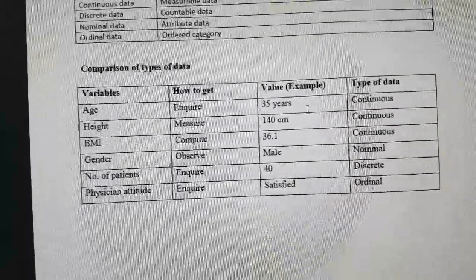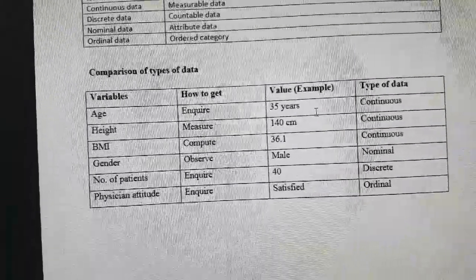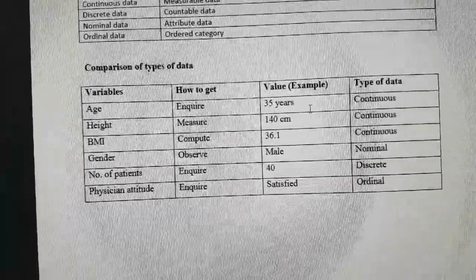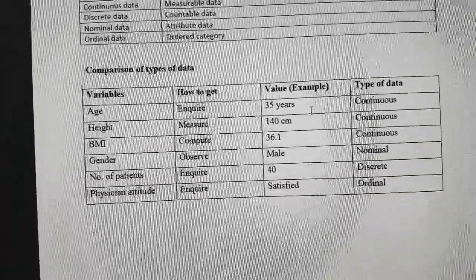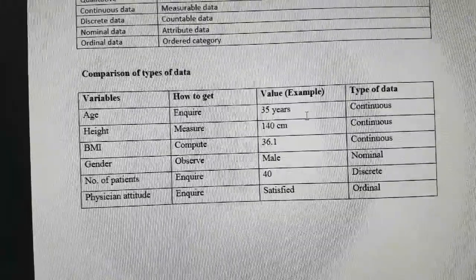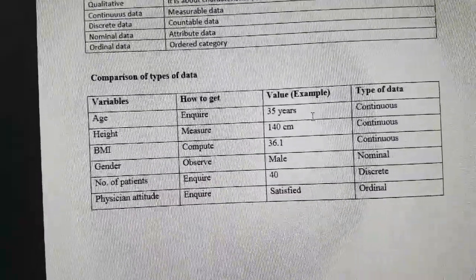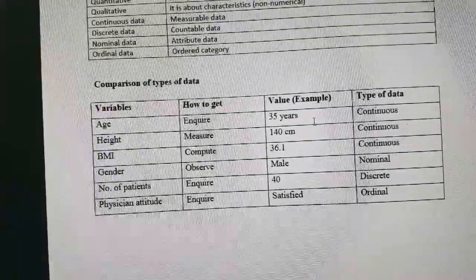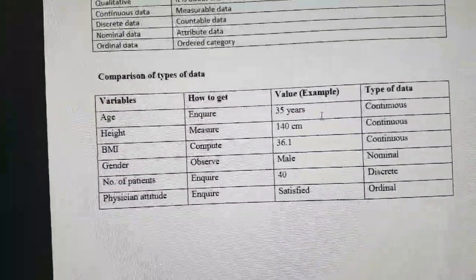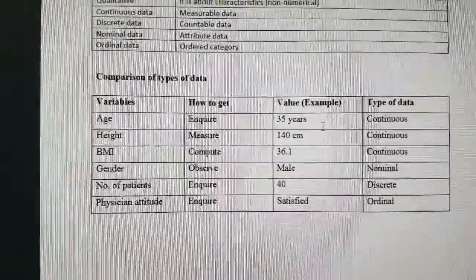Even for age we can write 35.1, 35.2, 35.3. Fractions are possible, so fractions always come under continuous data. If it is possible to represent a fractional number, then it will be continuous data.